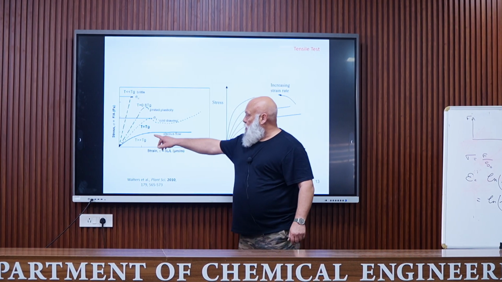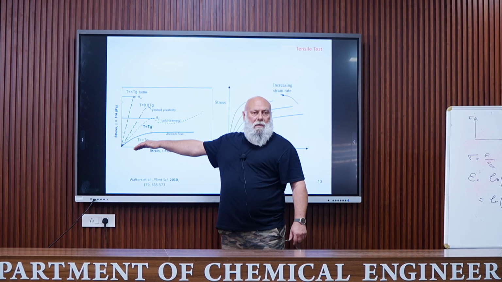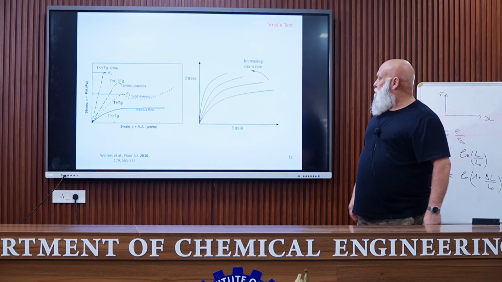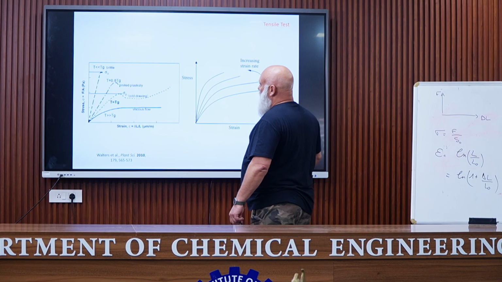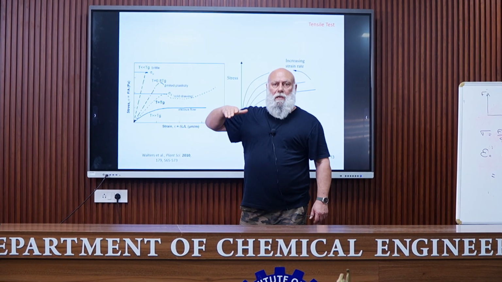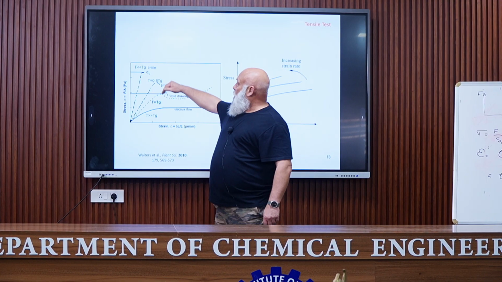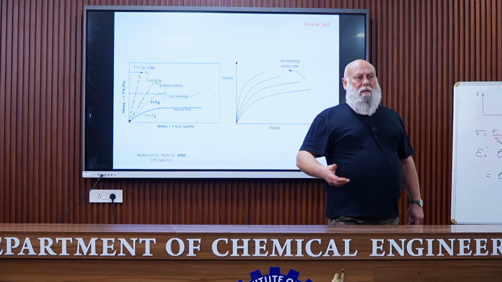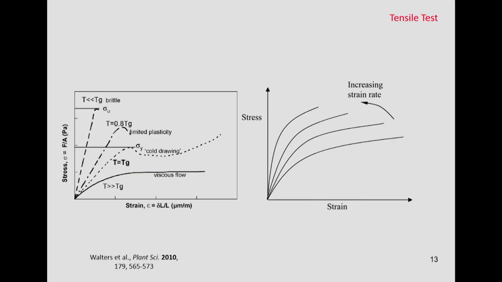For high temperature, usually the modulus is lower, but the material is more deformable, so the elongation at break is higher. And when decreasing the temperature, progressively we pass from a ductile material to a brittle material. So it means that it's difficult to say that the material is brittle or ductile. It depends on the temperature at which the test has been performed.